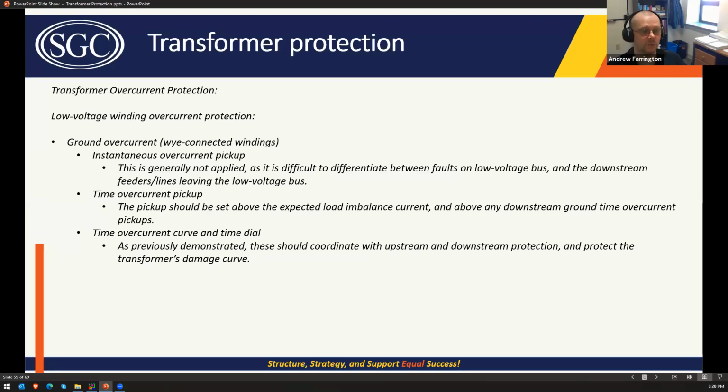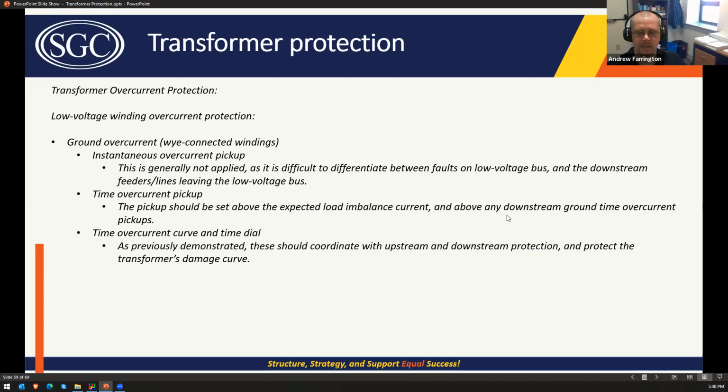But if you're at a distribution level where they've got half a hundred cans hung off of phase 1 and phases 2 and 3 are lightly loaded, then you're going to need to go above that. So you've got to be cognizant of your application and consider what your maximum unbalance will be.